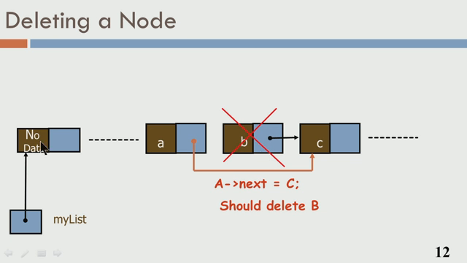If I start from the beginning, I'll keep going along till I hit A, because A satisfies the condition that B is the next node, and this is what I want to delete. So I stop at A and make A's next pointer A's next to next. A's next is B, its next is C. I take that and I put the value in A.